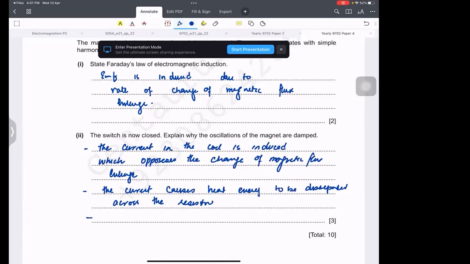And thus this energy is given by the oscillation of magnet. Okay, so you should remember this. It's very important to write Lenz's law and then explain how energy is being dissipated and why it is slowing down.